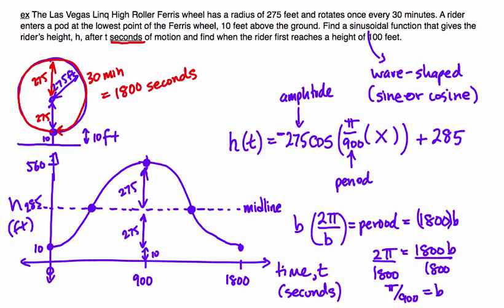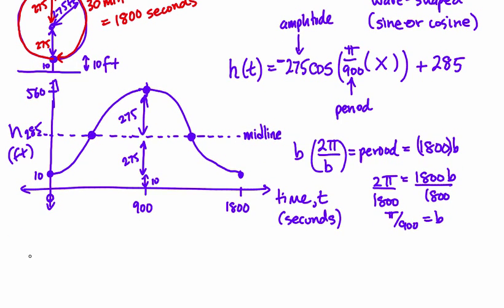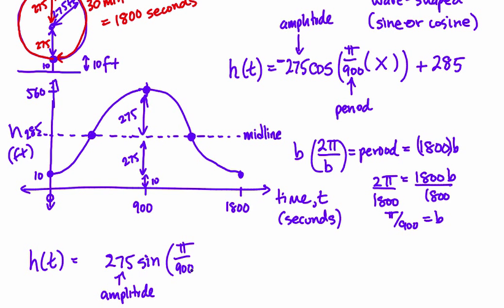So if I wanted to do this with a sine graph instead, I'd still have h of t. The sine graph would still have 275 as the amplitude. Now it's in terms of sine. The period, I would have worked through the exact same work to get the period of pi over 900.